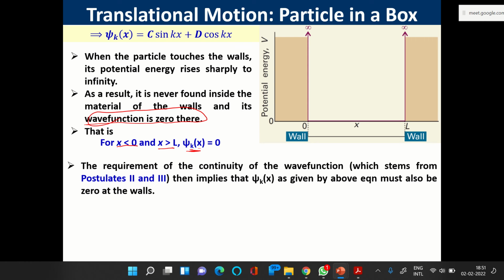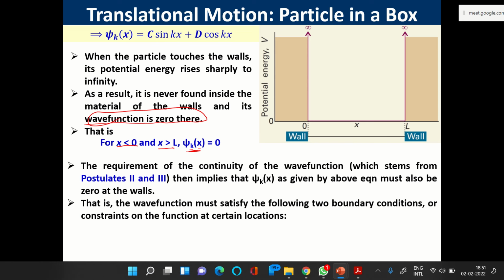The requirement is that the wave function must be continuous, and the slope of the wave function must also be continuous. The equation we write must satisfy these two conditions, which we also call boundary conditions, because they are at the two boundaries of the box, where the potential energy rises to infinity.